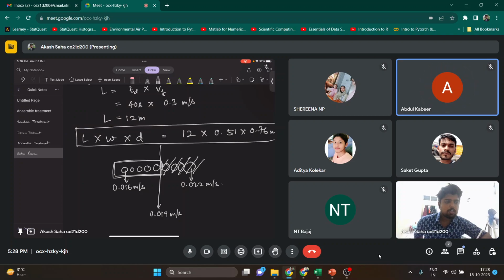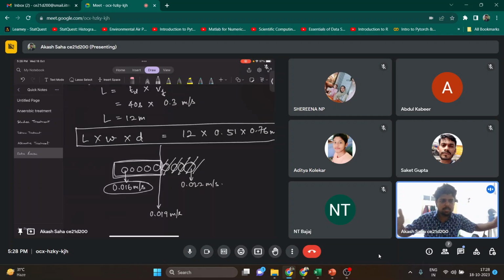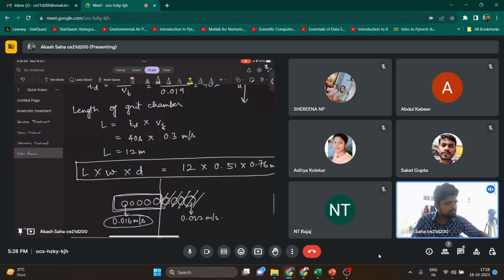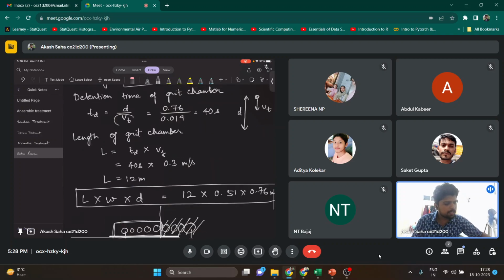Right. So we can make it more efficient, or more particles will get settled, if I take my settling velocity as the lowest one. Then a longer chamber will be required. Are you able to understand? Because if I change my Vt value here, my detention time will increase.